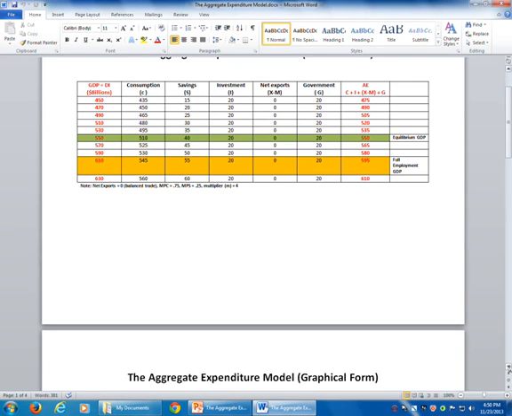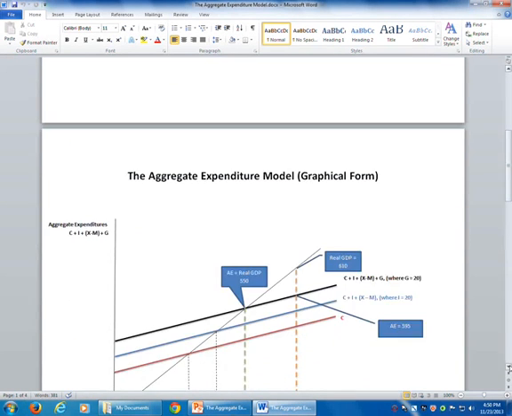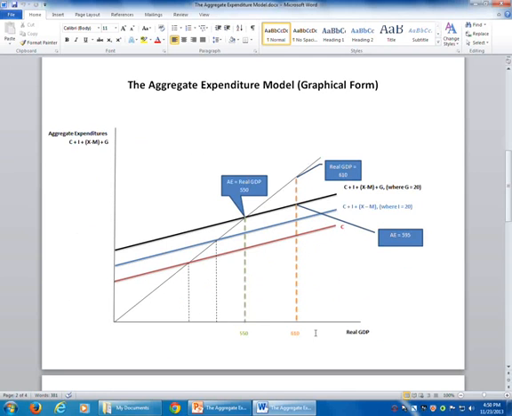And so what that implies then, at this level of income, 610 billion, aggregate expenditure is 595, and the real GDP, which is being tracked on the horizontal axis, is 610. So the aggregate expenditures at full employment are less than the real GDP, the income. And so this is not desirable, because what we want is the economy to be in equilibrium at full employment. So we need the expenditures at full employment to match the income.